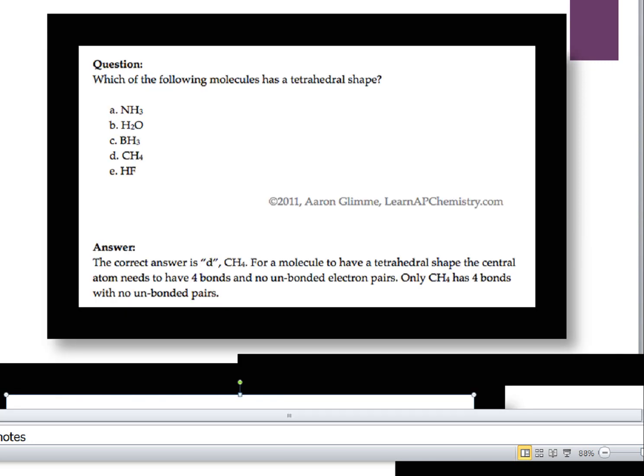Which of the following molecules has tetrahedral shape? Tetrahedral shape means that you should first recognize the type of hybridization. Tetrahedral means the hybridization is sp3, and in sp3 hybridization, the central atom is surrounded with 4 other atoms.